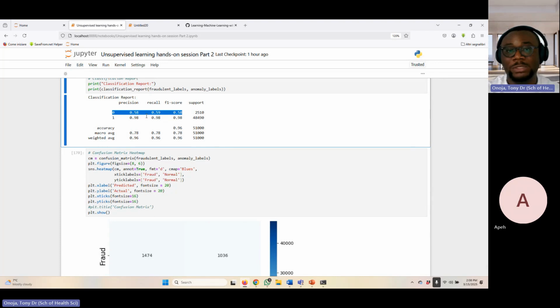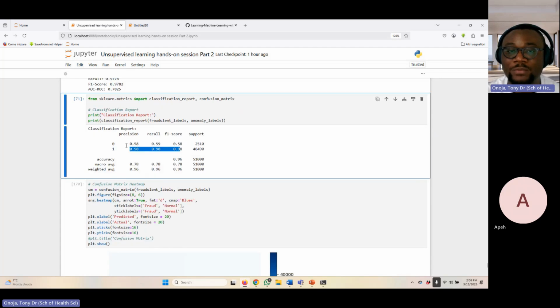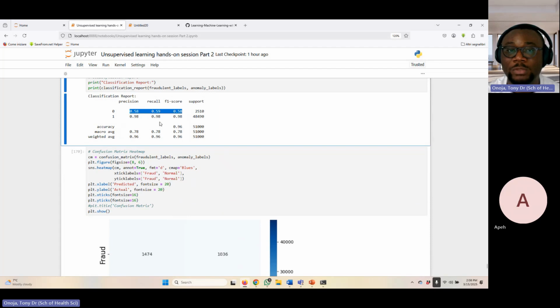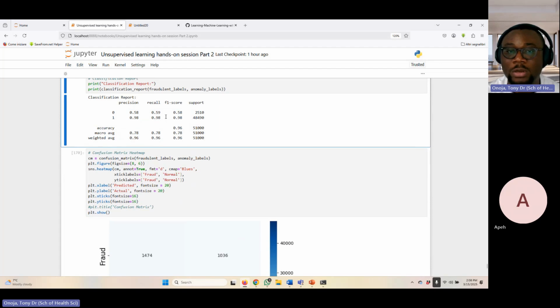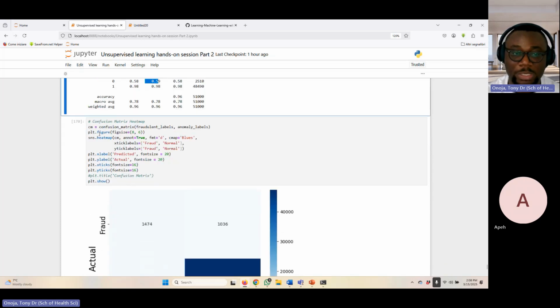We have to find a way to scale it up, because most of what our model is predicting correctly is coming from the negative class instance. So we have to find a way to upscale it so this one could also perform better. But notwithstanding, this is quite a good score. The F1 score is not bad, the precision is not bad, and the recall too seems to be okay.